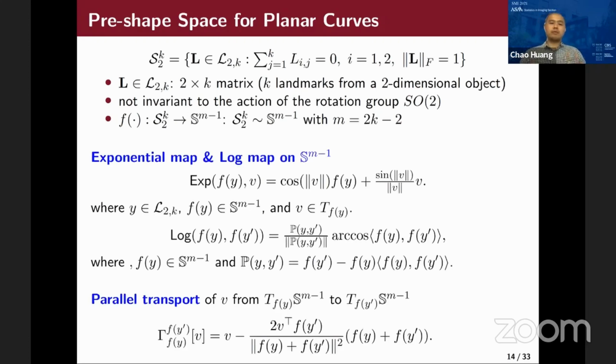And now we just move all these problems onto this hypersphere space, and as we know, the exponential map, log map, and parallel transport have already been defined for this hypersphere.